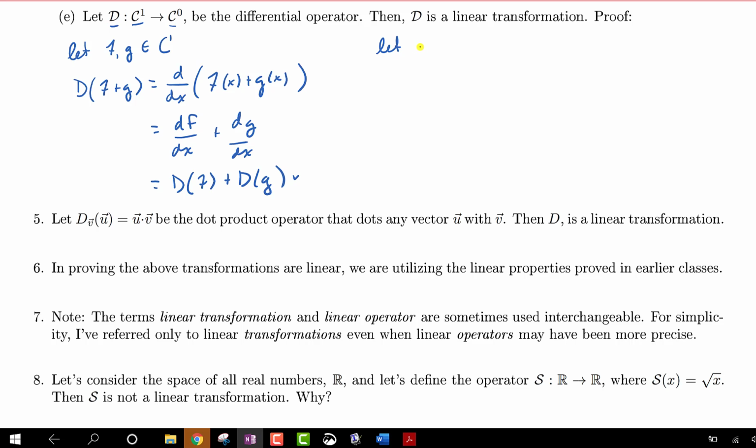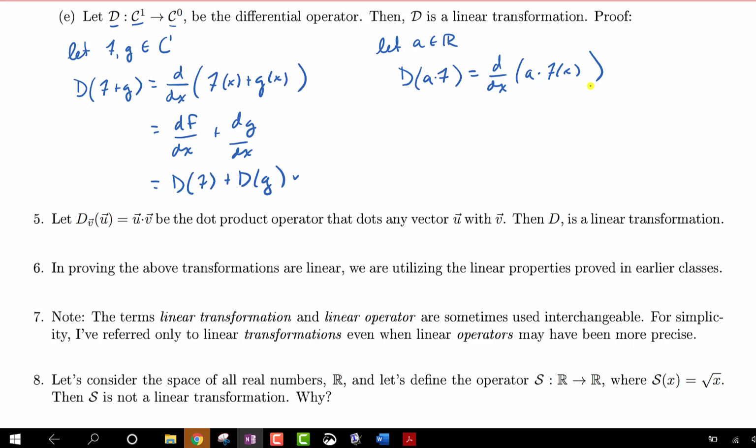The second thing we need to do is pick some real value a, and look at the differential operator applied to a times f, through regular multiplication of functions by a scalar. So this is equal to the derivative of a times f of x.